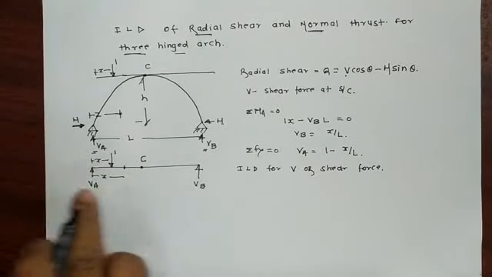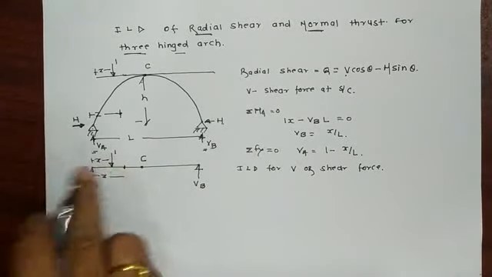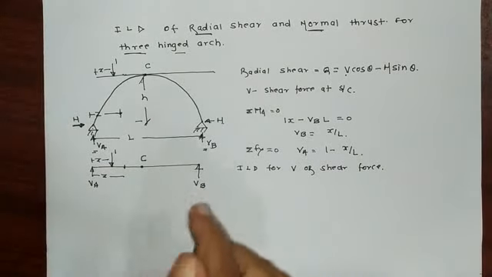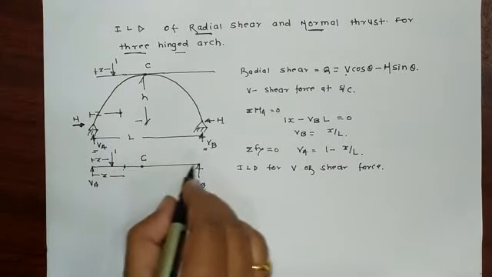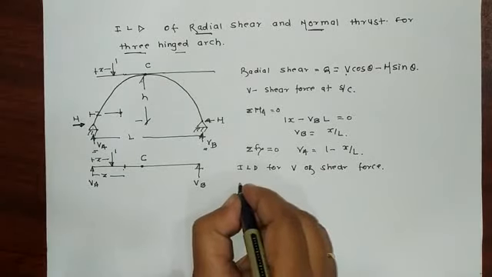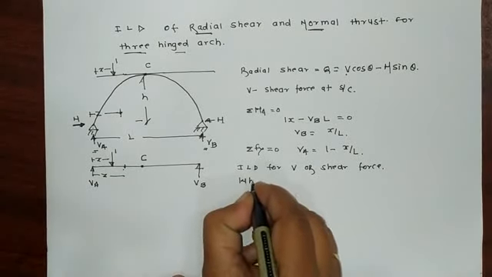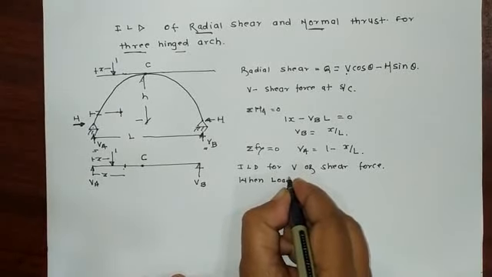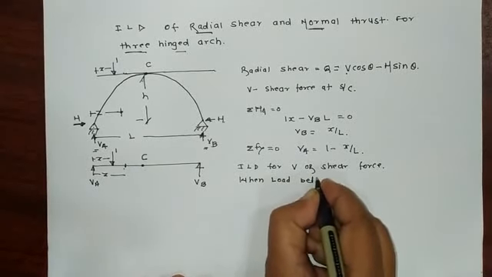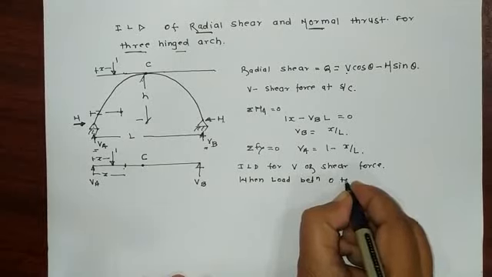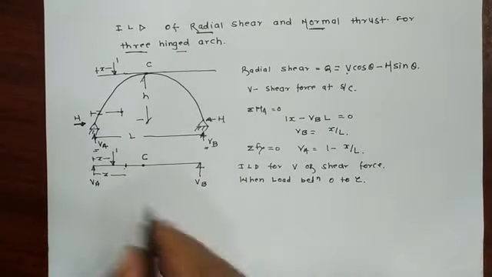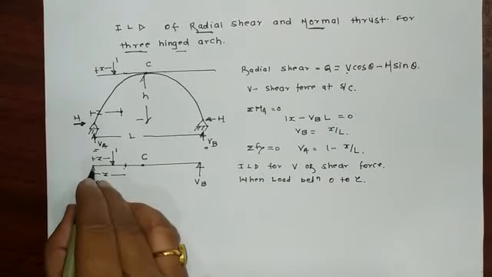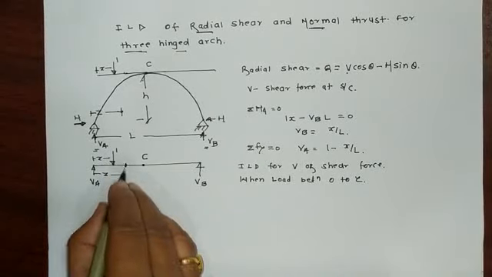One is when the load is between 0 to Z, and the other is when the load is between Z to L. Now first condition is when the load is between 0 to Z.